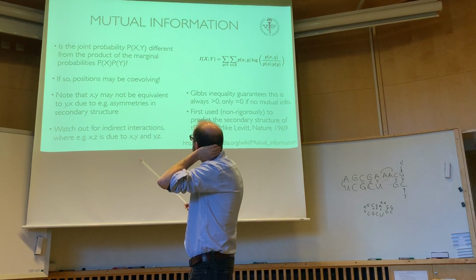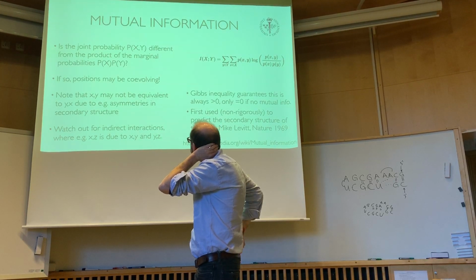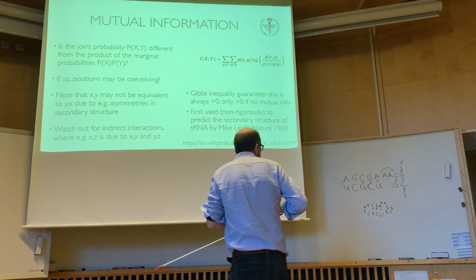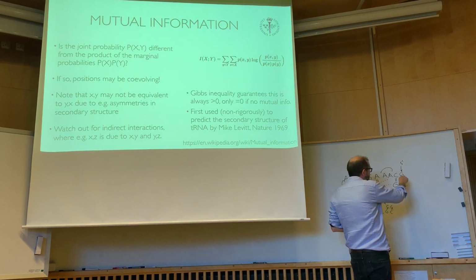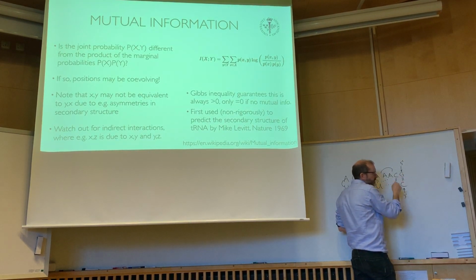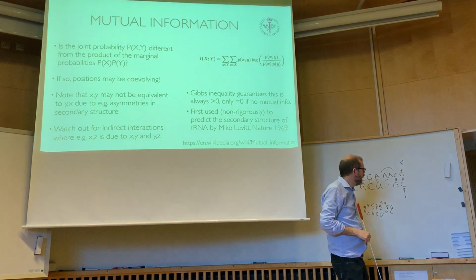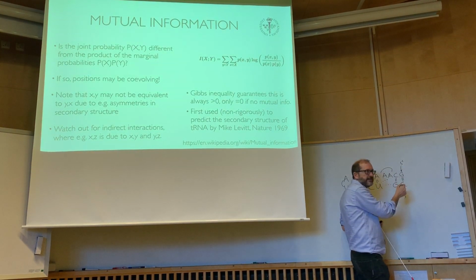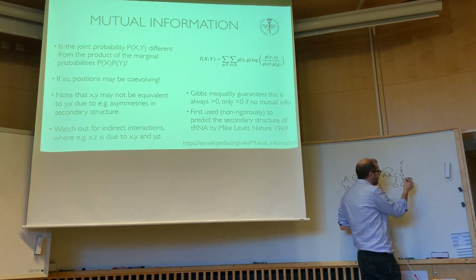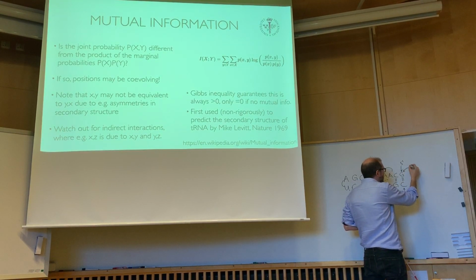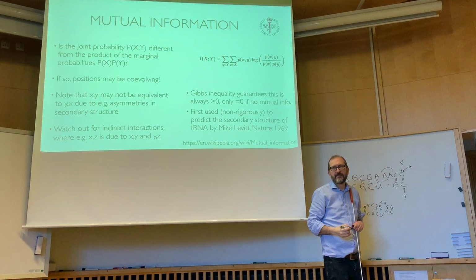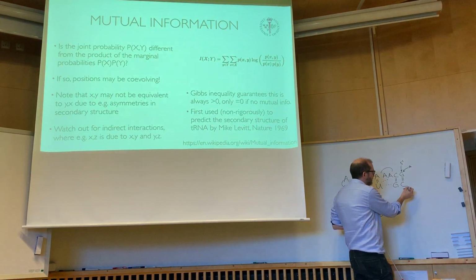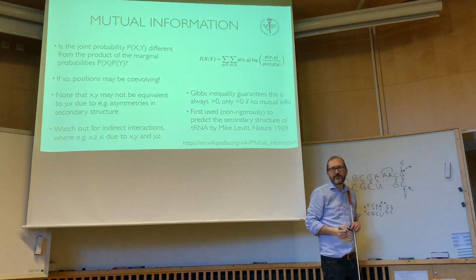Mutual information is basically trying to ask the question: are two positions evolving together, right? So if you see this thing in this sequence, and it's a G and a C, and then some other organism has an A here, what does this have to become to maintain that helix?